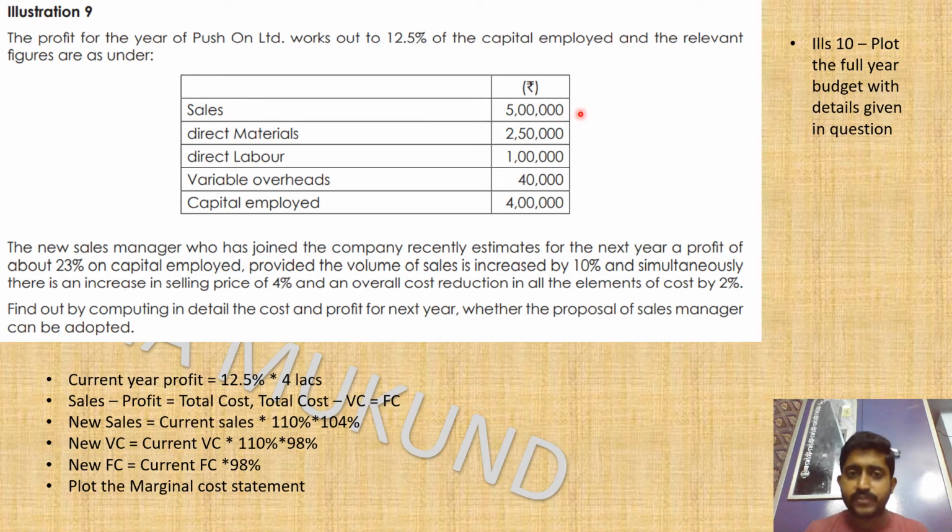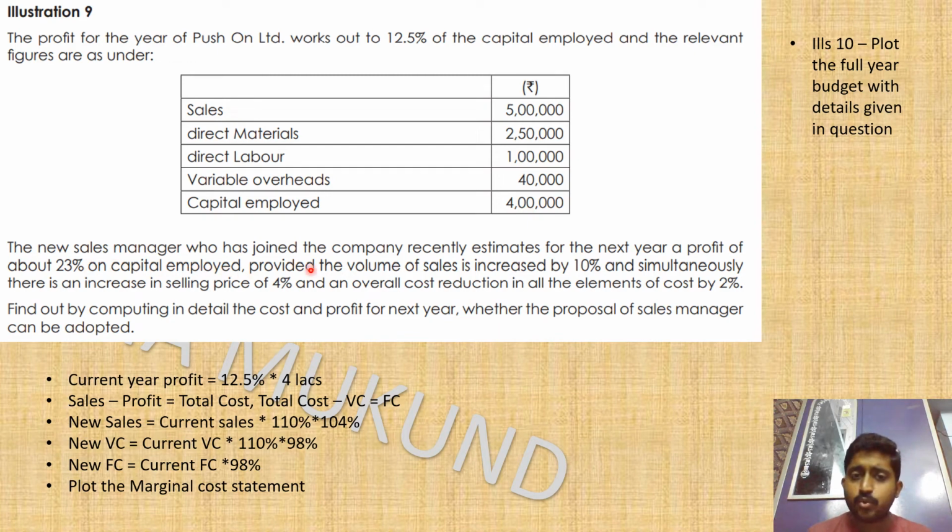So 5 lakh of sales, 2.5 lakh of material expense, labor expense of 1 lakh, and variable overheads of 40,000. So putting together, 4 lakh is the capital employed, and we have earned 12.5% profit on the capital employed, which is 4 lakh.